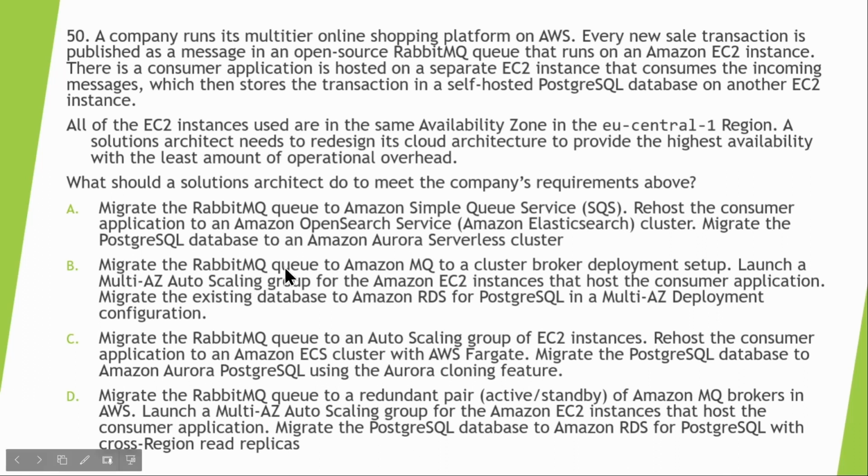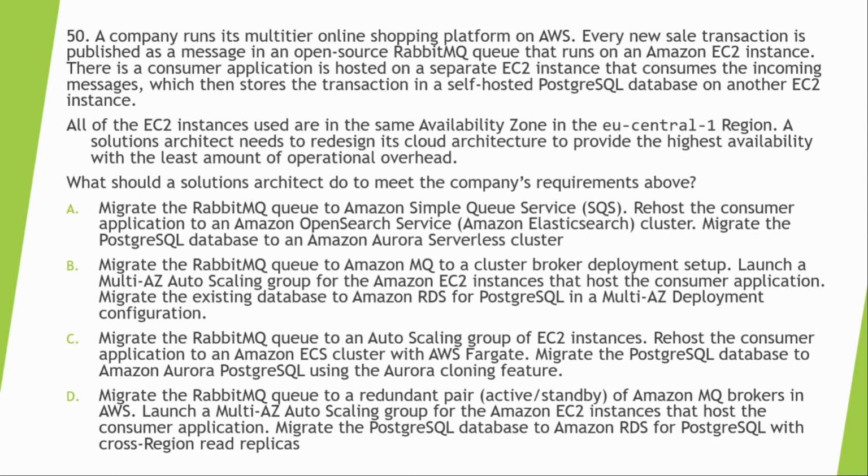Option 2: Migrate the RabbitMQ to Amazon MQ, to a cluster broker deployment setup. Launch a multi-AZ auto-scaling group of EC2 instances that host the consumer application and migrate the existing database to RDS for PostgreSQL in a multi-AZ configuration. This is a valid option.